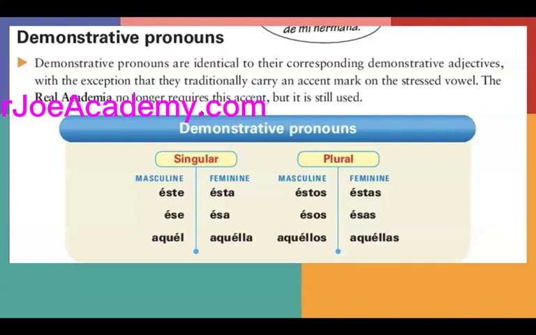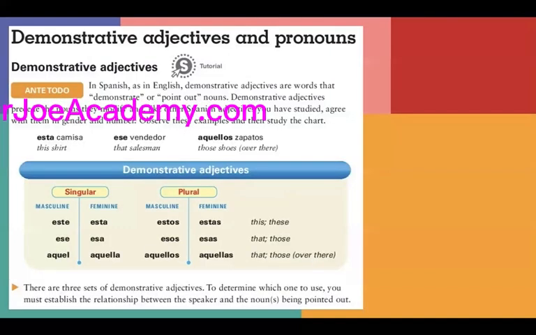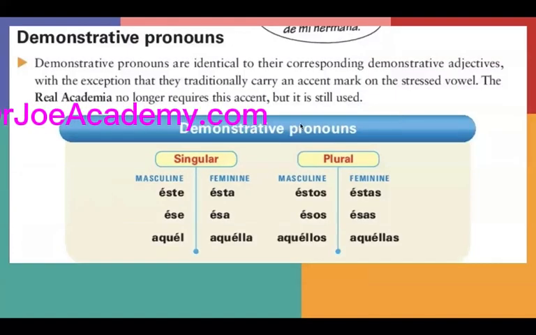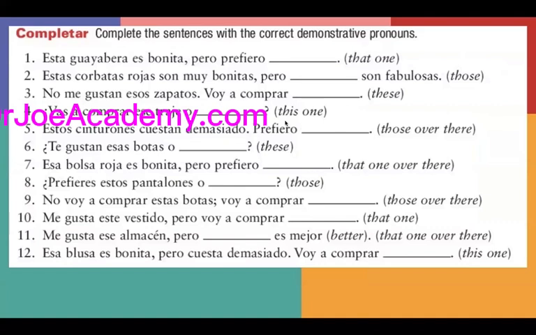Now, the idea of demonstrative pronouns is, realistically speaking, there isn't much of a difference. There's just pronouns and then there's adjectives and pronouns. It all depends on where you're placing it, as well as the noun that is after. So what we're gonna do is do some practice.